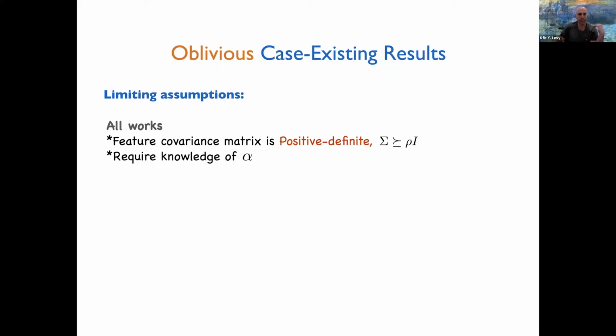Specifically, in all of these works, it is assumed that sigma, the covariance matrix of the features, is positive definite, meaning that its smallest eigenvalue is lower bounded by some quantity rho. And all of these works actually require the knowledge of alpha, what percent of samples were contaminated by the adversary.